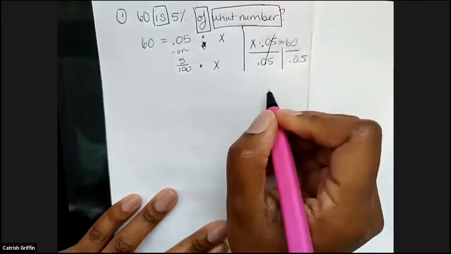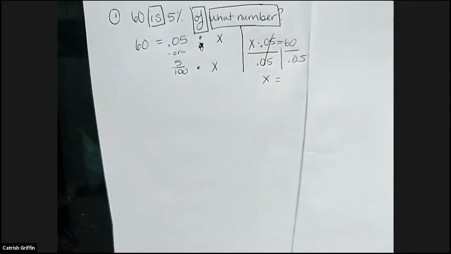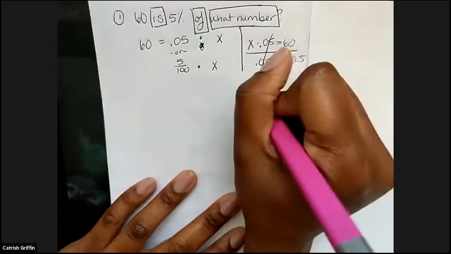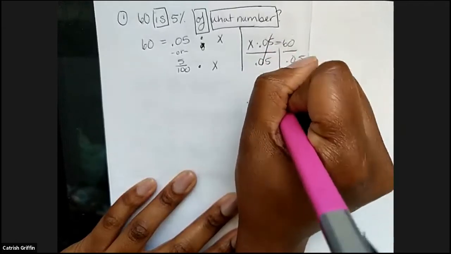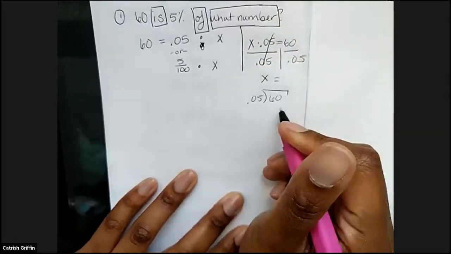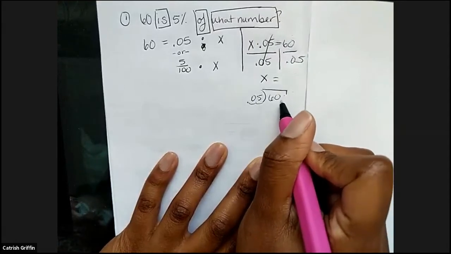That will cause that one to be a 1, so I end up with just 1x. And now I'm dividing 60 by 0.05. I'm using my calculator, but I can show you the long way. 60 divided by 0.05. If I did long division to figure this out, I would need to turn this into a whole number by moving my decimal 2 places.